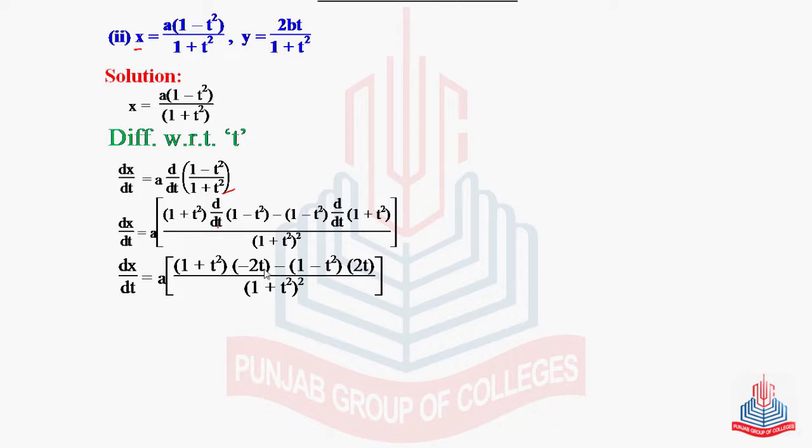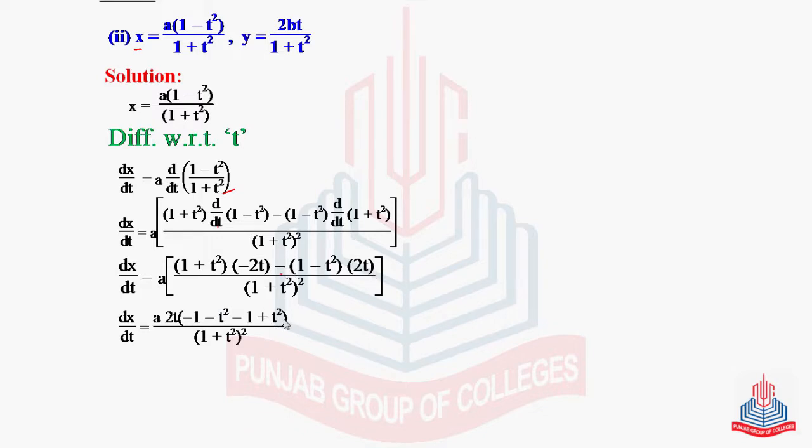Minus (1 minus t square) will be as it is, and the derivative of 1 plus t square: the derivative of 1 will be 0, and the derivative of t square will be 2 into t. So now we can take 2 into t as a common factor from both of these two terms. So 2t is the common factor. We have minus 1 and this minus t square, and this is a common factor, so we have minus 1 and minus into minus will be plus t square.